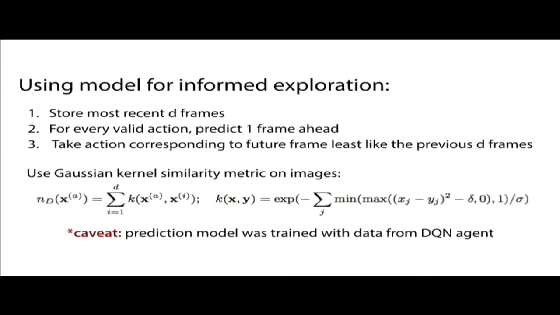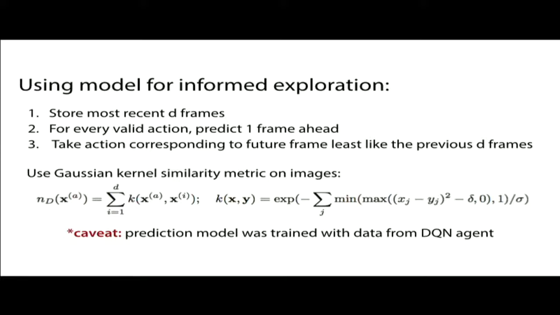And the one caveat here is that they're using this for exploration in order to explore more of the environment, but the prediction model was actually trained on data from a DQN network that saw a lot of the state, and so it was able to make reasonable predictions for different states. But if you're going to try this on a system that hasn't learned anything before and you want to figure out how to explore new states, you're not going to have this data available to train your prediction model, and you'll need to train it more from the ground up.